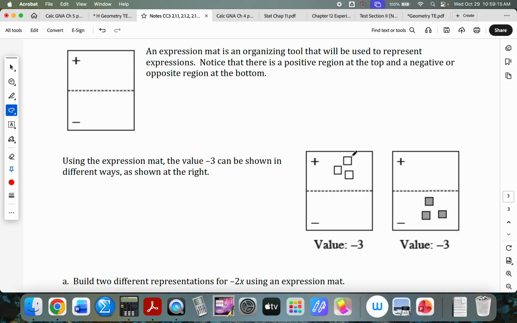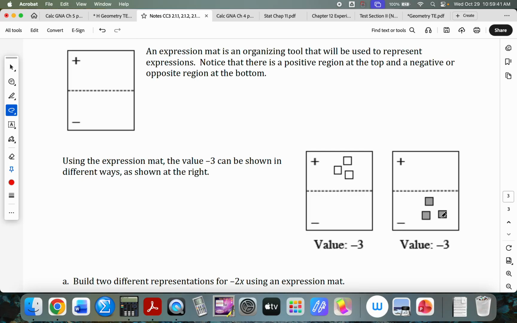I can put 3 negatives in the positive region, or I can put 3 positives in the opposite region. Everything that's down here, you read it as the opposite. So this is the opposite of 3 positives, which would be 3 negatives.